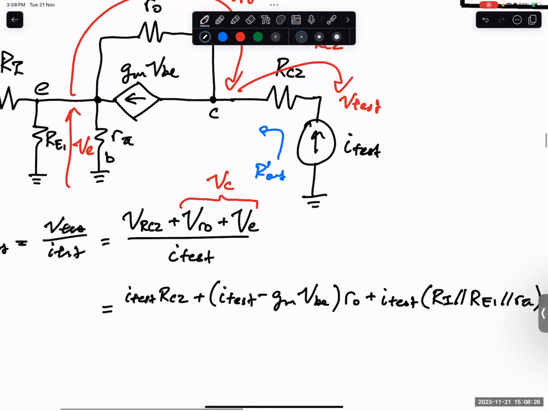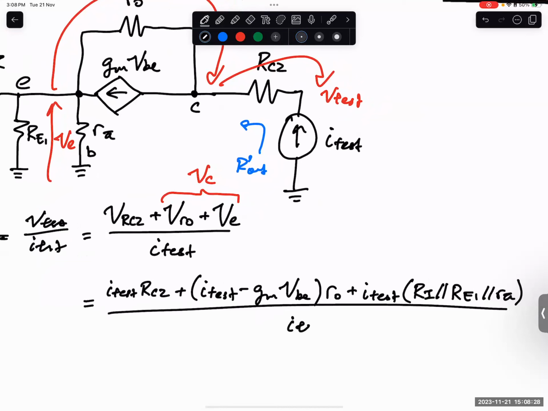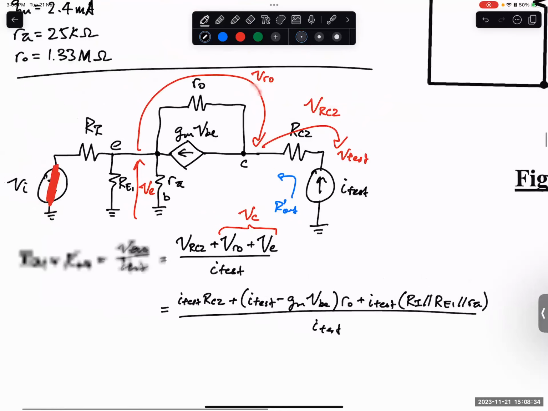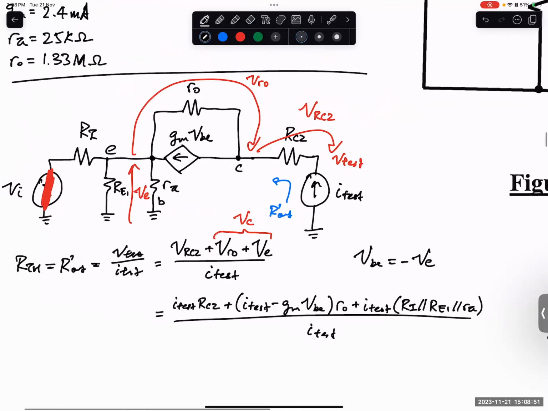Very good. Good question. Yeah, so how? So VBE equals what? Negative VE. Negative VE. Yeah. So VE is what?